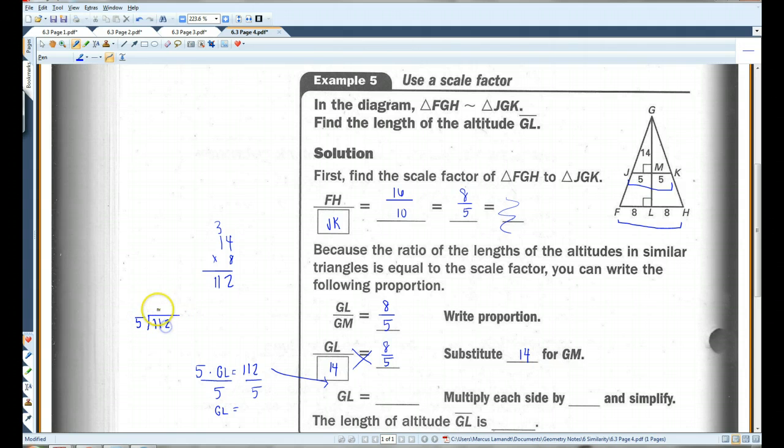5 goes into 11 twice. Goes into 12 twice also. 22.4. Okay.